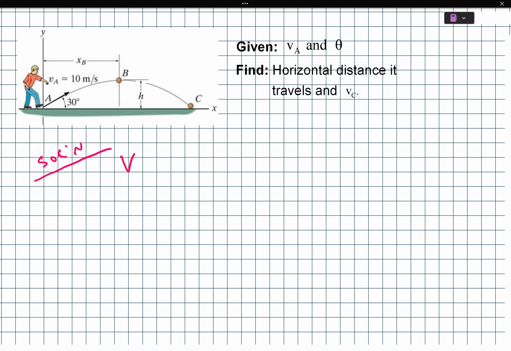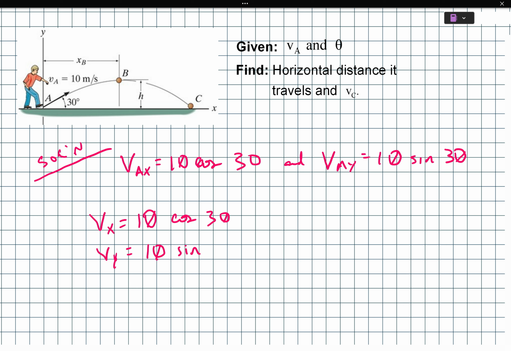Using v sub ax equals 10 cosine 30, and v sub ay equals 10 sine 30, we can write v sub x equals 10 cosine 30, v sub y equals 10 sine 30 minus 9.81 times t.